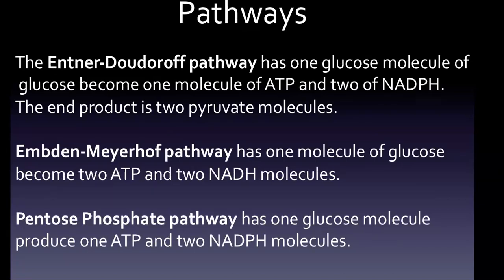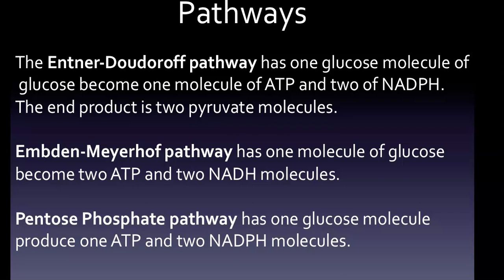Okay, so for the pathways, we have these three, and then we also want to mention glycolysis. So the Entner-Doudoroff pathway has one molecule of glucose becoming one molecule of ATP and two of NADPH. The end product is two pyruvate molecules.